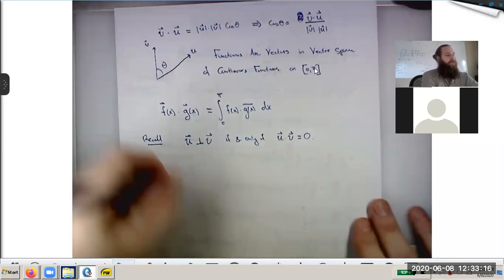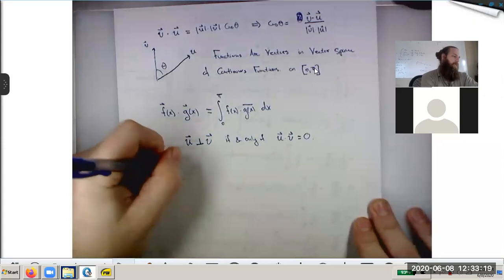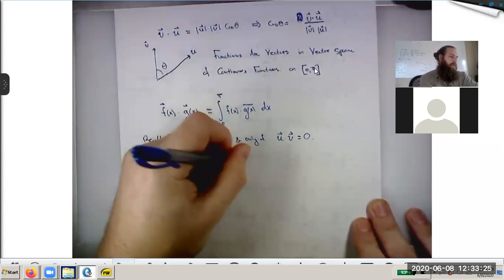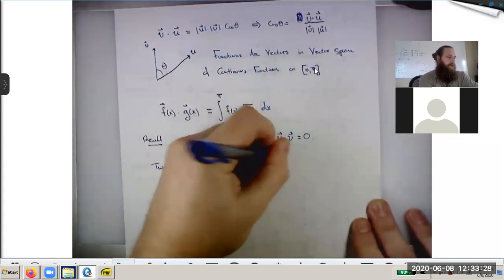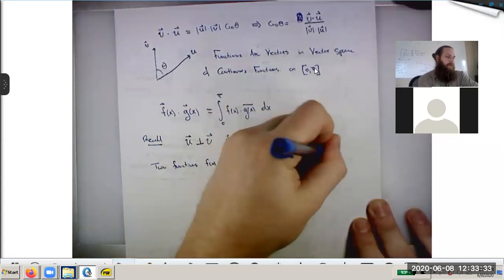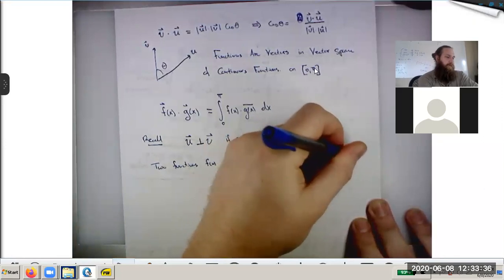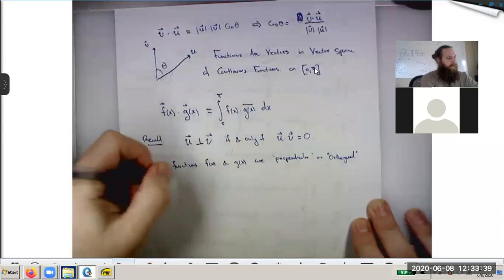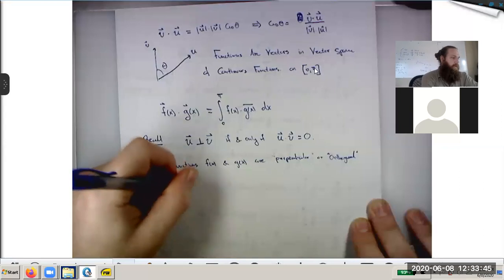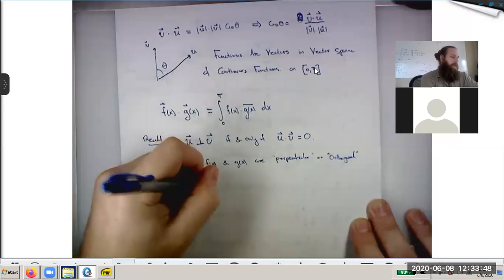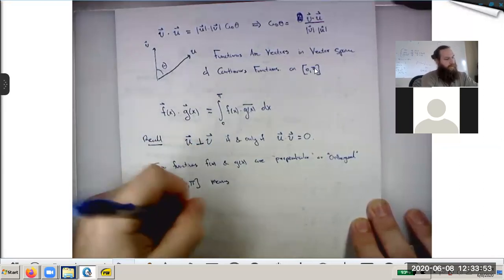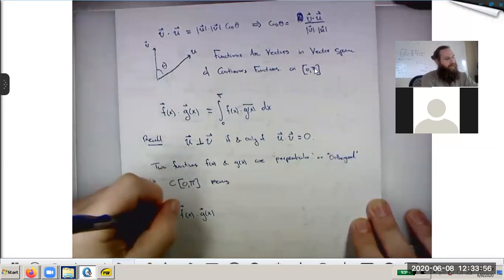Which means two functions, f of x and g of x, are perpendicular, or another word for that is orthogonal, in the vector space of continuous functions on 0 to pi, which is denoted by C[0, pi], means that their dot product is equal to 0.